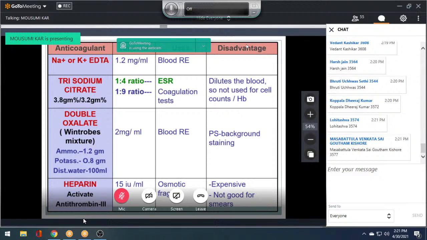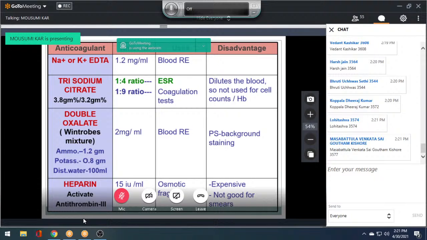Anything else with Wintrobe, other than the tube? It's just trivia that I'm asking. It's not really important. Have you heard of Wintrobe's book? Wintrobe's book on hematology. Just like Robbins Pathology, Wintrobe has written a book in hematology. This is pretty nice. And if you come to know any other Wintrobe, let us also know. Okay, I forgot the other Wintrobes.